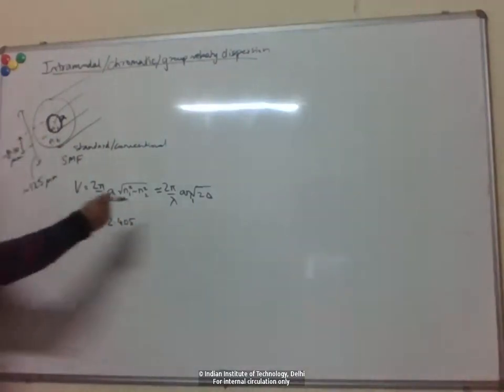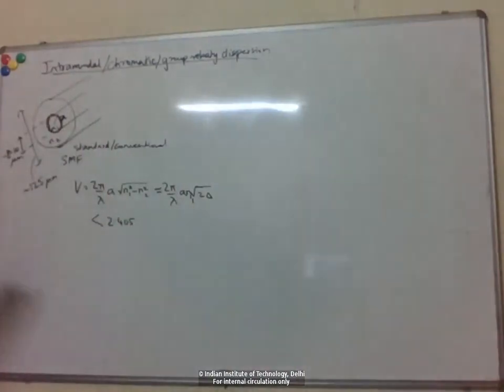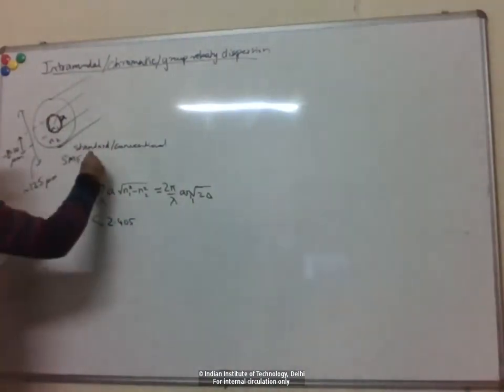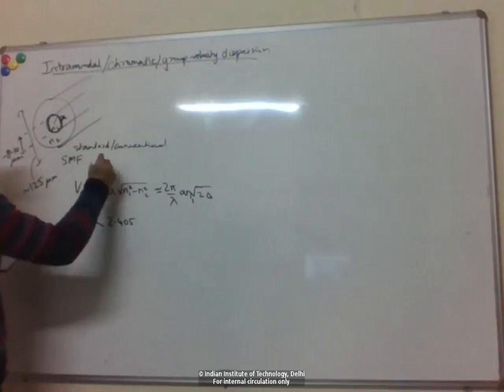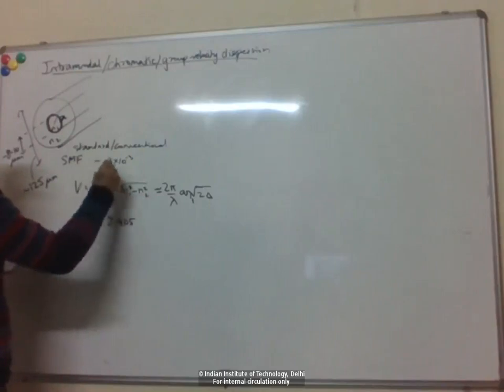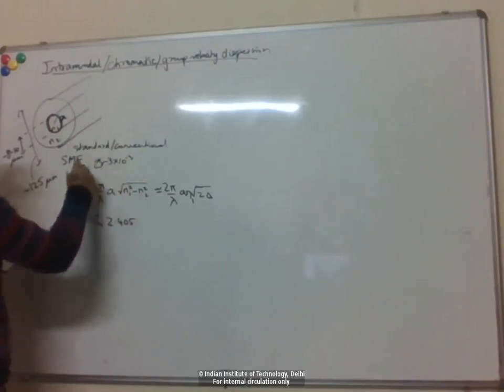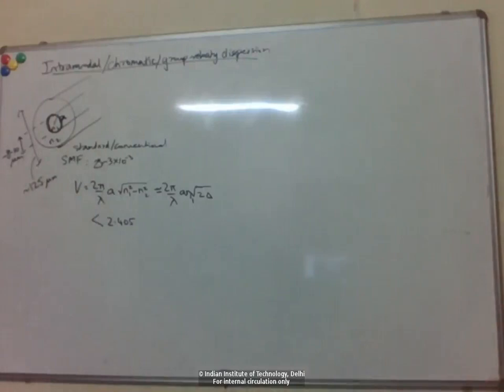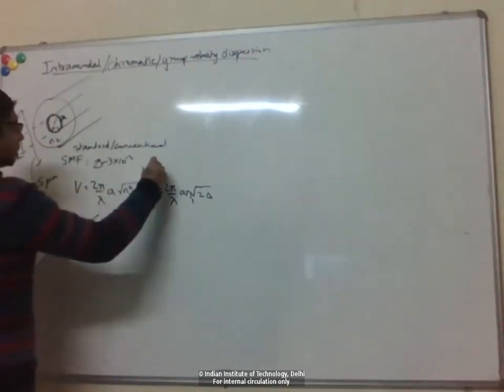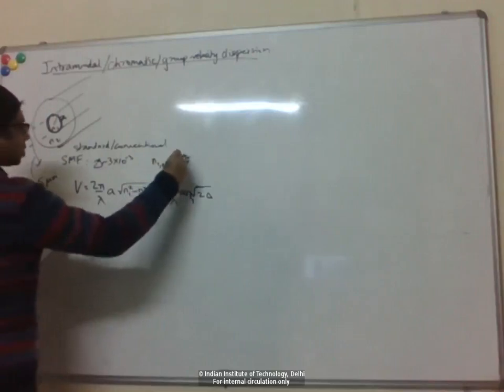Also, this delta index difference is fixed, right? So typically, this is a few times, like maybe 3 times 10 to the minus 3 or something in this range, this delta. Okay, and n1 and n2 are around 1.45.